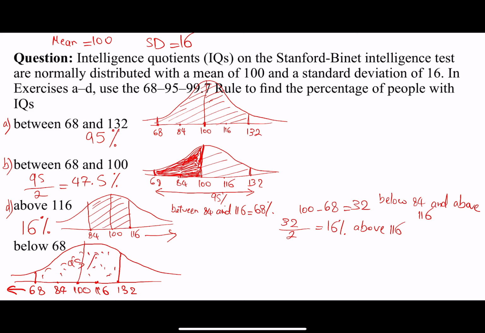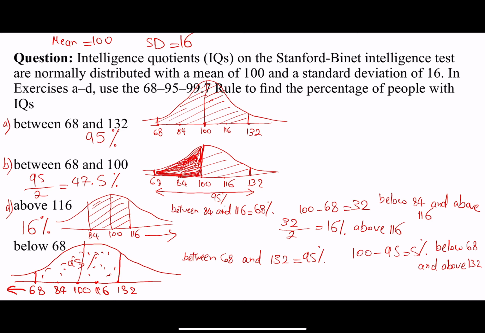So we know that 95% are between 68 and 132. You want lower than 68, below 68. So I subtract that from 100. 100 minus 95 is 5%. So it's like I have 5% lower than 68 and higher than 132.